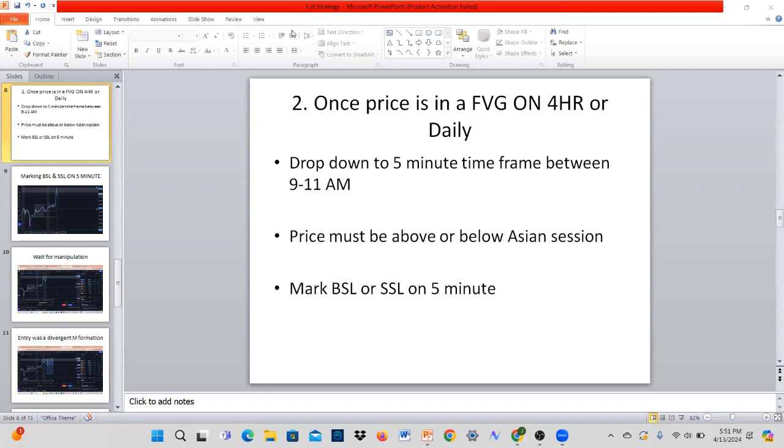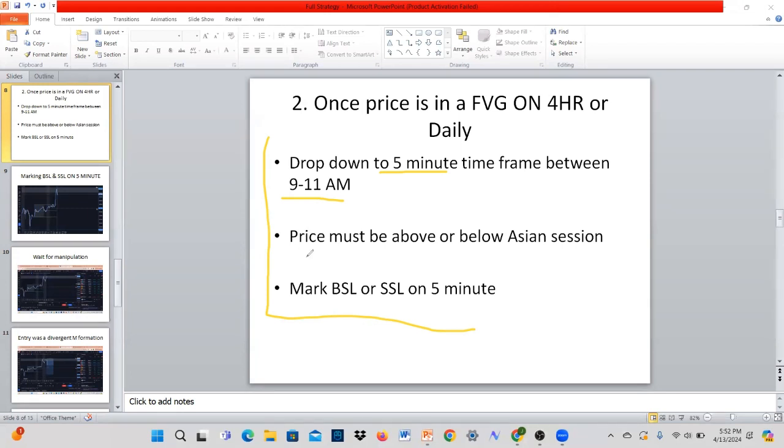All right. So once price is in that 4-hour fair value gap, drop down to a 5-minute time frame. Between 9 and 11, I'm looking for my trades, and these are the criteria that I need. I need all this to happen for me to even consider taking a trade.